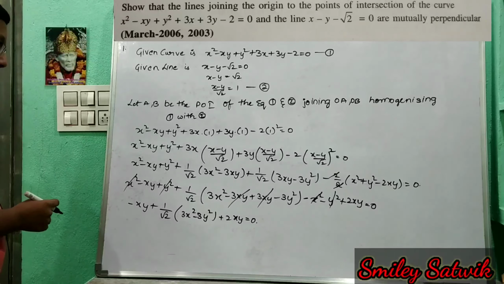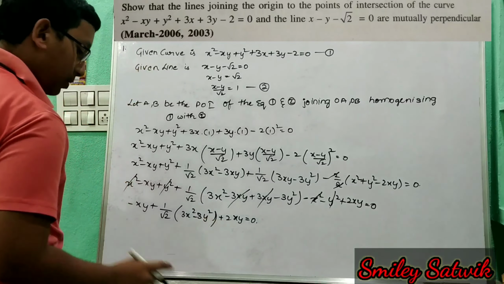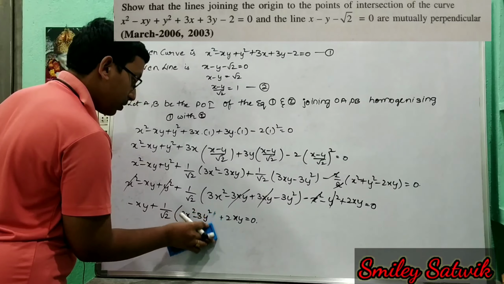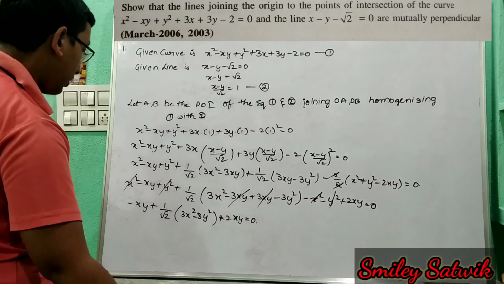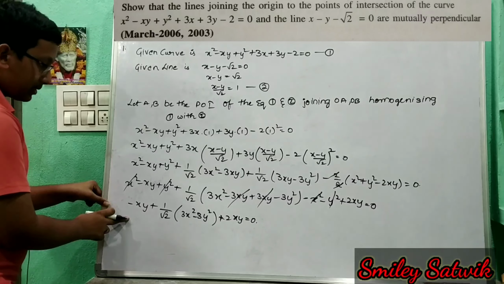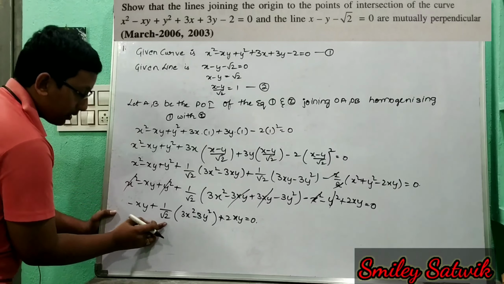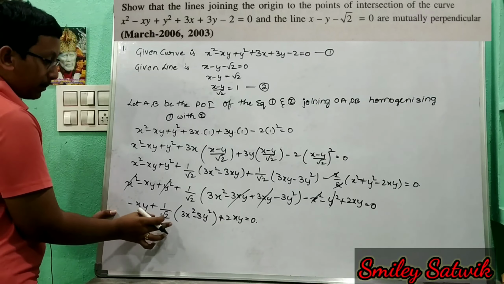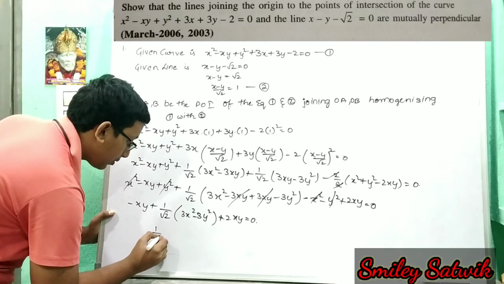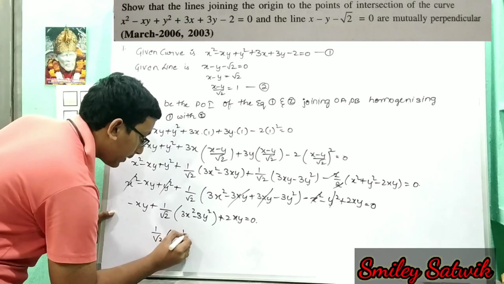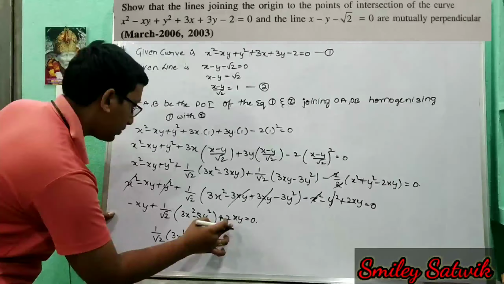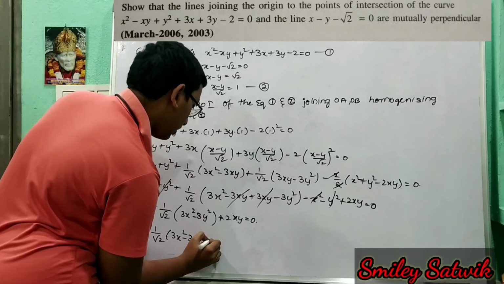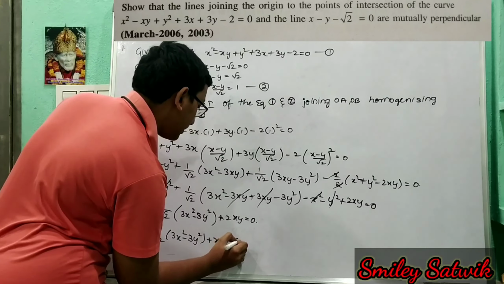Until here you have written. Now 2xy minus xy gives you 1 by root 2 into 3x square minus 3y square, plus 2xy minus xy plus xy equal to 0.